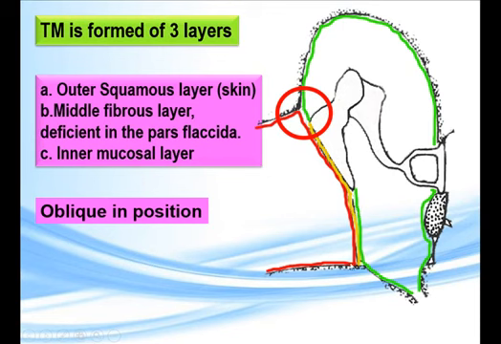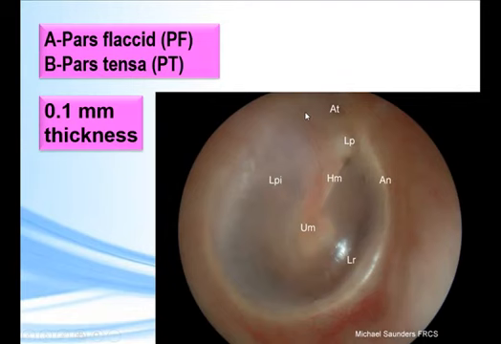The layer which is red in color is a squamous epithelium continuous with that of the skin of the auditory canal, and the green one is the inner mucosal layer which lines the middle ear, and the yellow one is the fibrous tissue within the drum, which is deficient in the upper part, the pars flaccida. So it is flaccid, it's not tough like the rest of the drum.